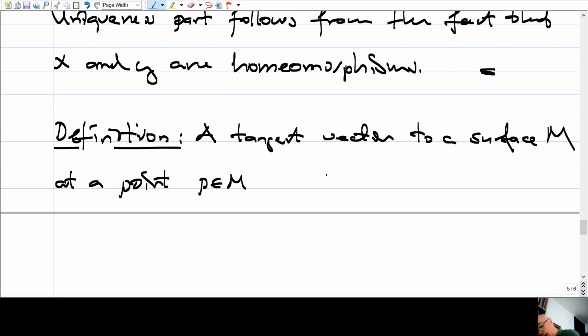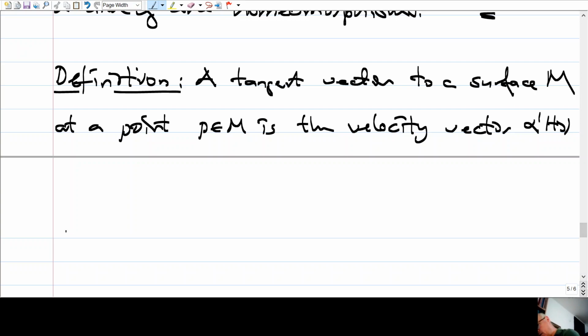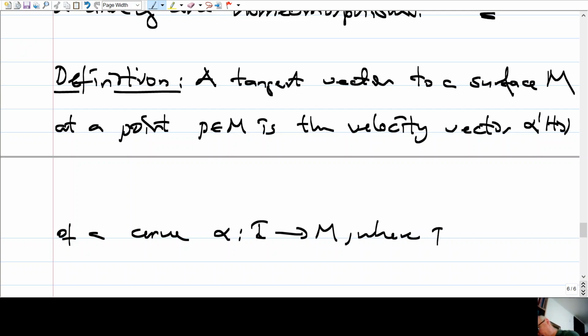P of M is nothing but the following: the velocity vector, as usual, alpha prime t0 of a curve alpha defined on an interval with image on M, where P is the image of t0 under alpha.